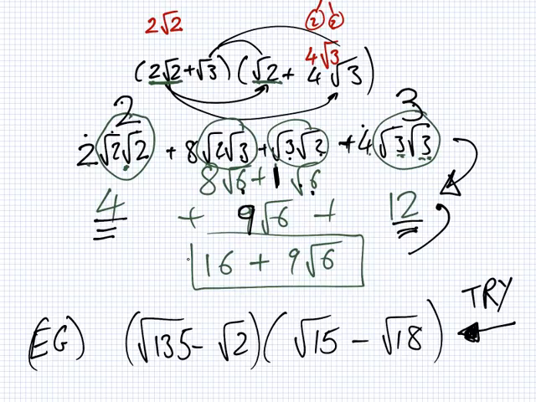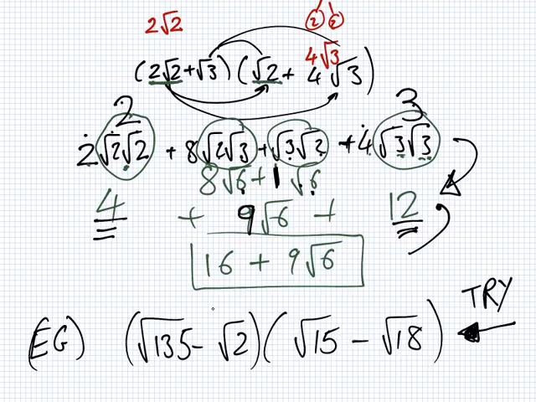But the root 135, the root 15... Well, the root 15 we can't really do anything either. The root 18 we could do something with. And the root 135, can we do something with that? Yeah. 27, 3. Yeah, we can do something with that.